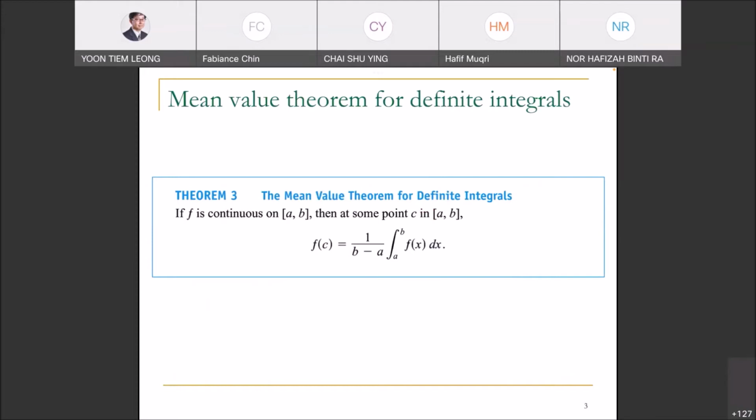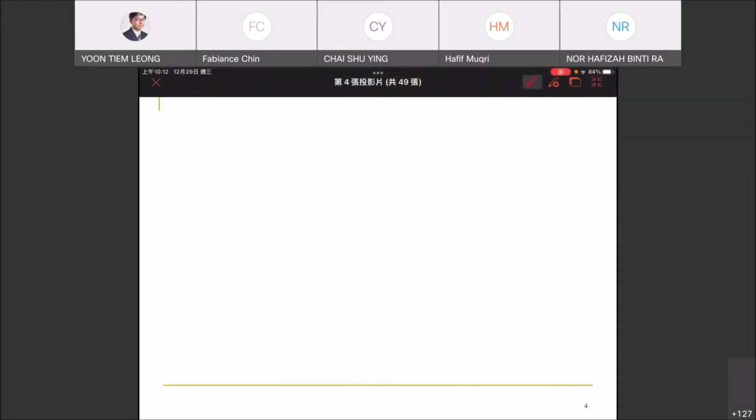Okay, so in order to prove the relationship between the definite integral and the indefinite integral, we first have to mention a theorem called the mean value theorem for definite integrals. Again, the definite integral is a symbol represented by this.